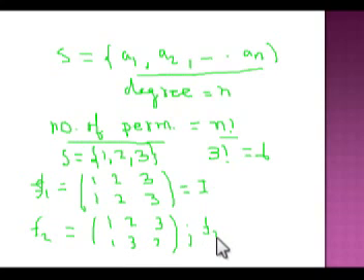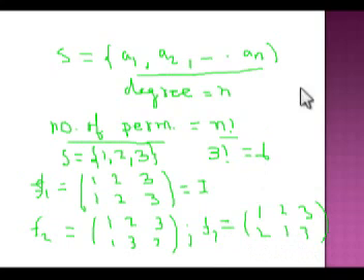This can be formed by 1, 2, 3, and if we put here 2, 1, 3, it is a permutation.